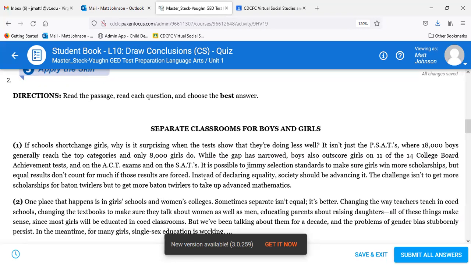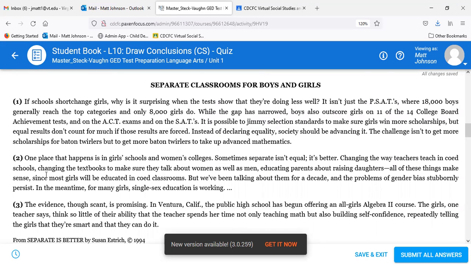"So instead of declaring equality, society should be advancing it. The challenge isn't to get more scholarships for baton twirlers, but to get more baton twirlers to take up advanced mathematics. One place that happens is in girls' schools and women's colleges. Sometimes separate isn't equal, it's better.